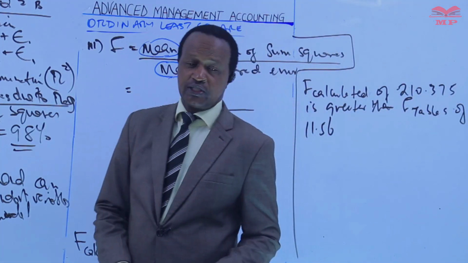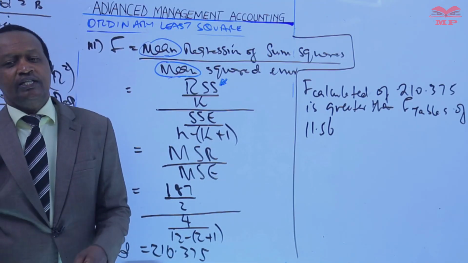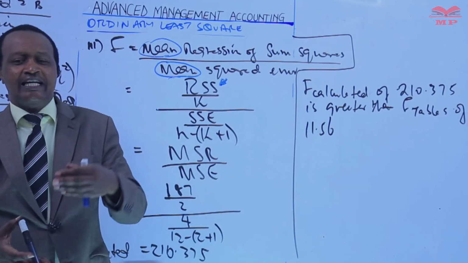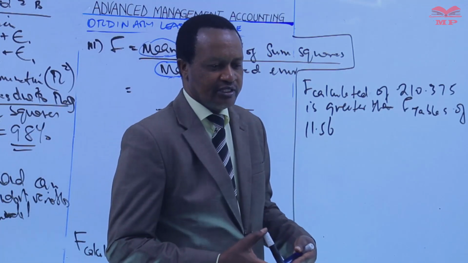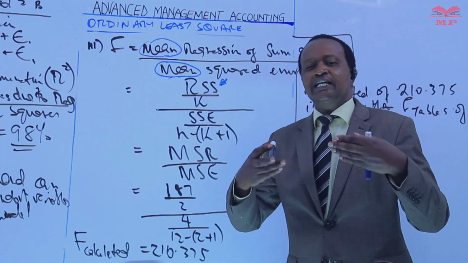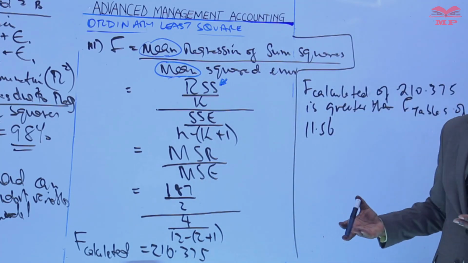Remember, that's what we said at the beginning. And that means that the regression model is adequate for prediction because the calculated F is significantly larger than the critical F value from the tables.